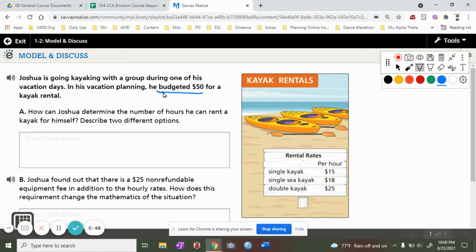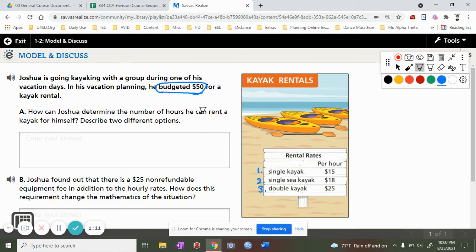We have a budget of $50, and we have 1, 2, 3 different kayak options. The single kayak is $15 per hour. The single sea kayak is $18 per hour, and the double kayak is $25 per hour.